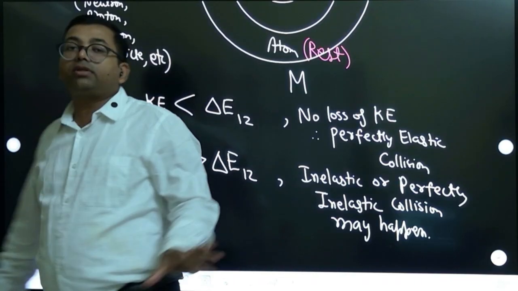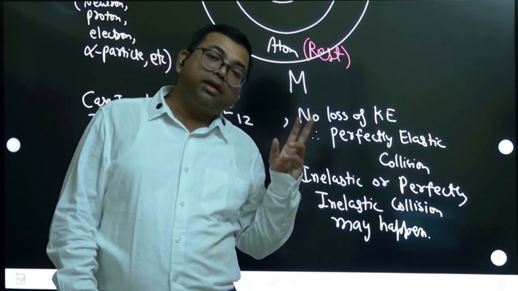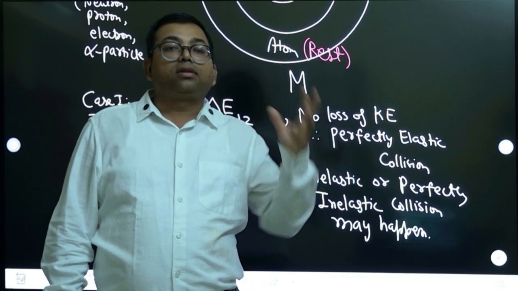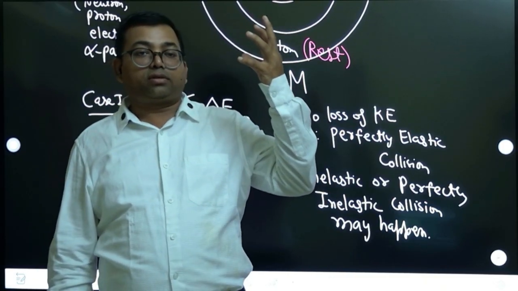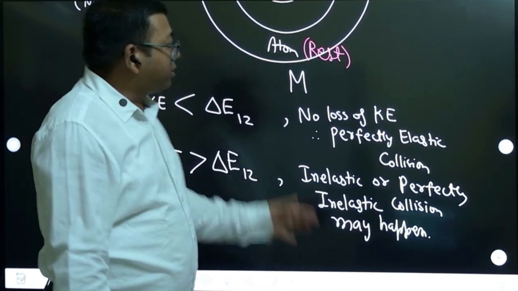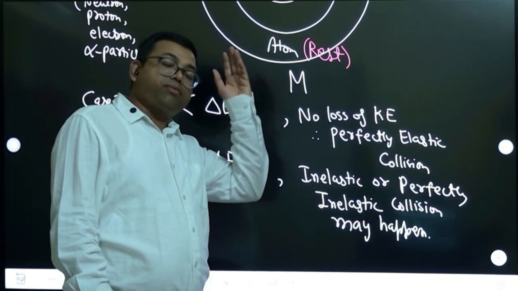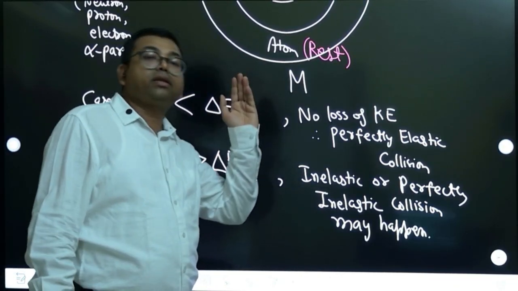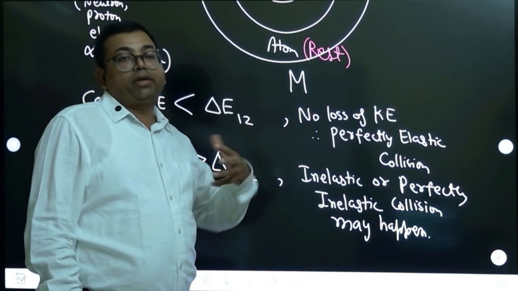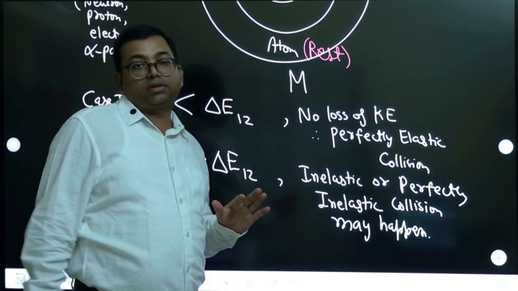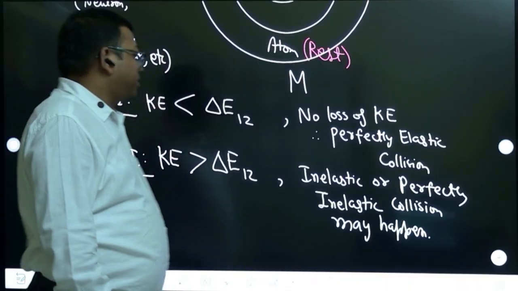Why loss of energy? That loss will lead to electronic transition. Electronic transition means it can go from 1 to 2, 1 to 3, 1 to 4, anywhere. From the ground state it can go to any other excited state depending on how much this energy is, right? So that's what will happen.